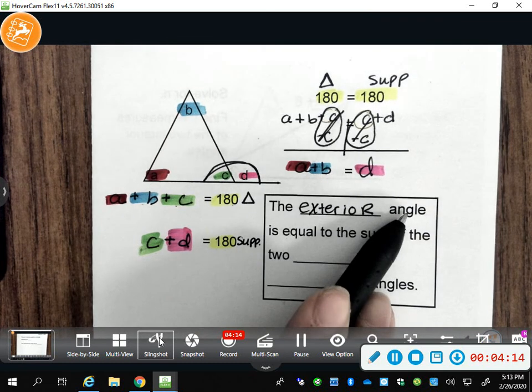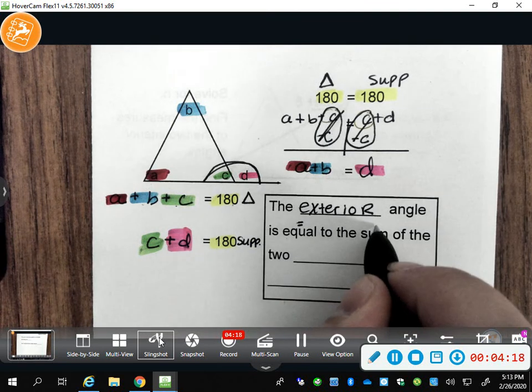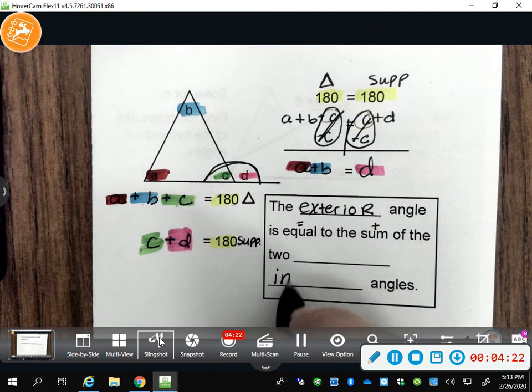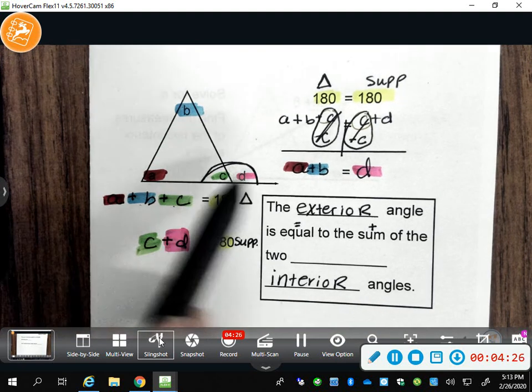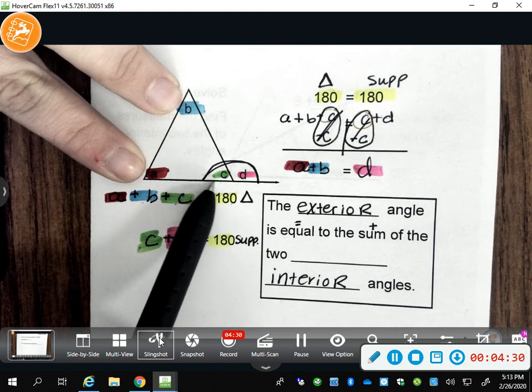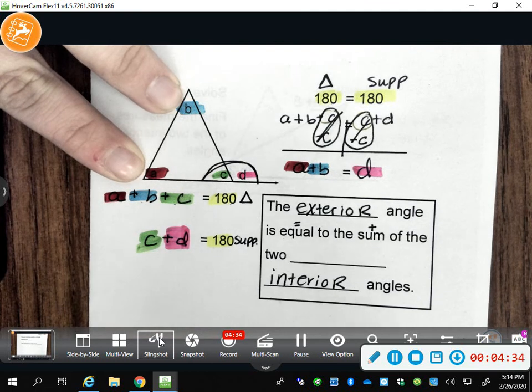The exterior angle of the triangle is equal to the sum of the two interior angles. The interior angles that we have to add were the red one and the blue one. They were not the one that touched angle D. They were not supplementary with angle D.